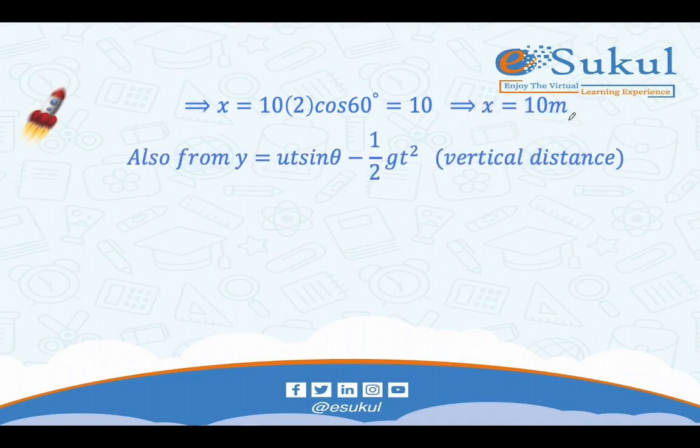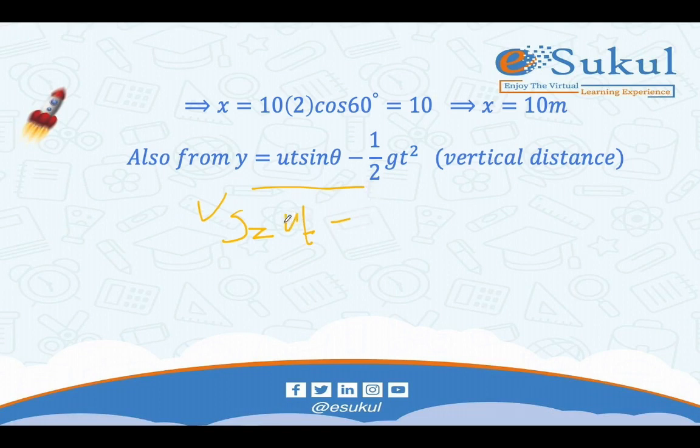For the vertical, we have u t sine theta minus half g t squared, which results from the equation of motion, s equals u t minus half g t squared.